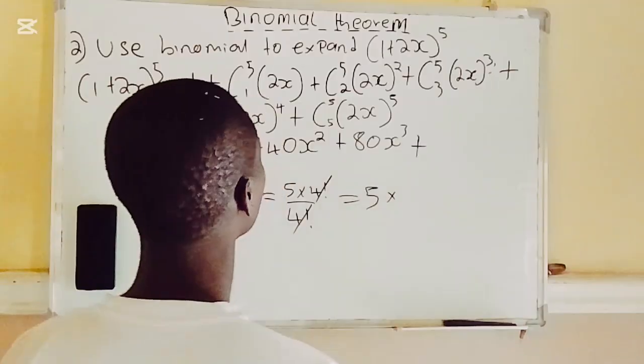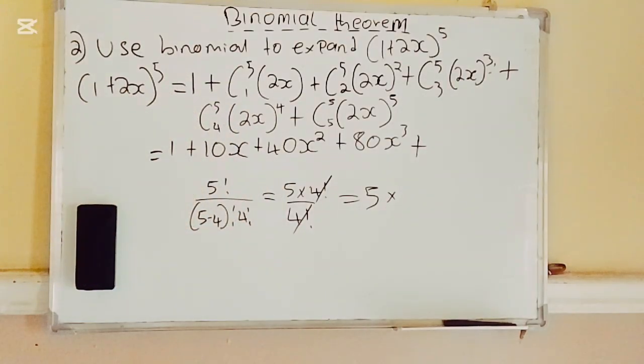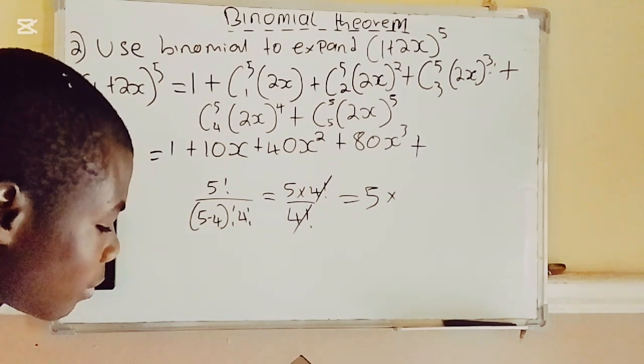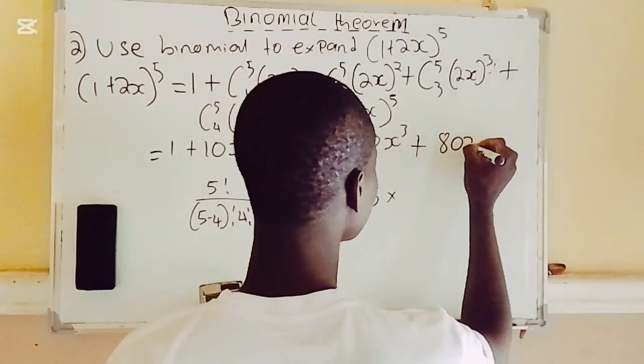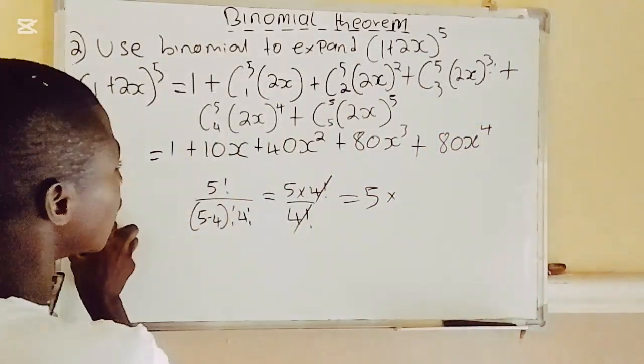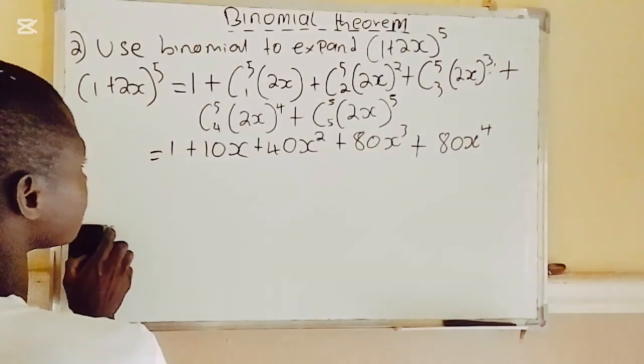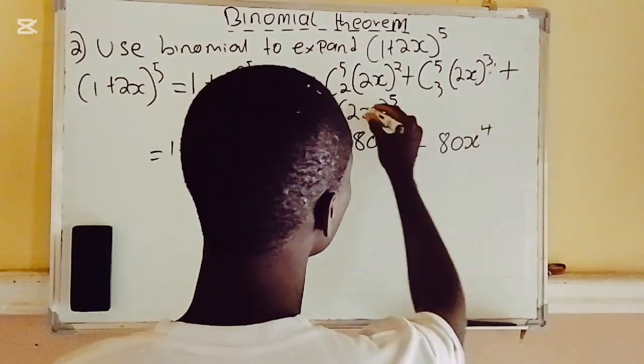So therefore, 2 times 2 times 2 times 2 will give me 16. 16 multiplied by 5 gives the same thing, which is 80x raised to the power of 4. And therefore, this will give me 1.